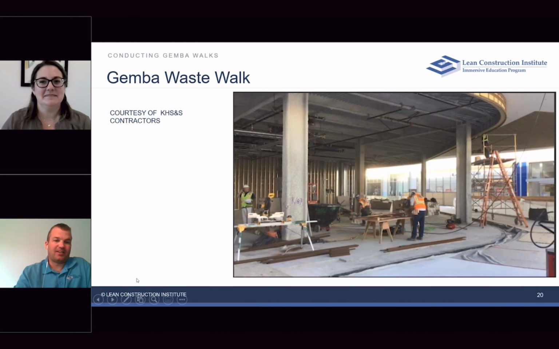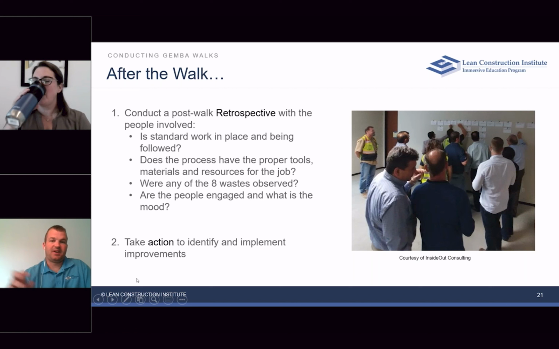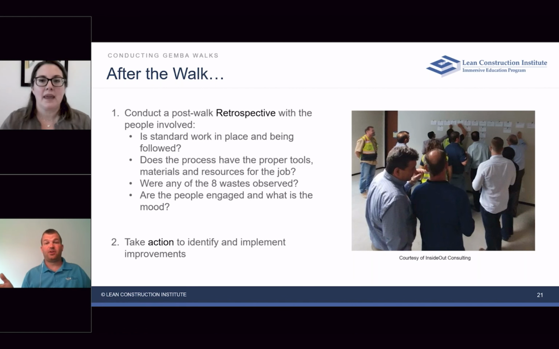So after the walk, if you're able to video a crew actually doing the work, I'm going to absolutely, hands down, always recommend it. Because then you can talk about the observations as you replay the video for the workers.